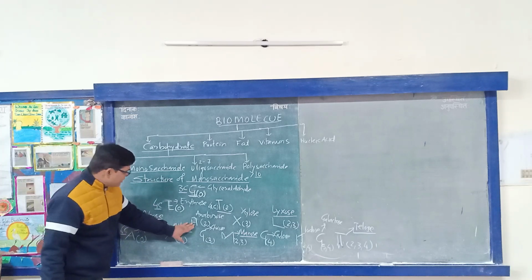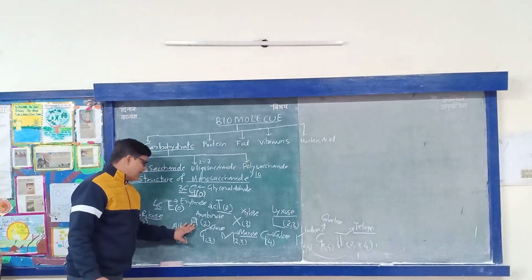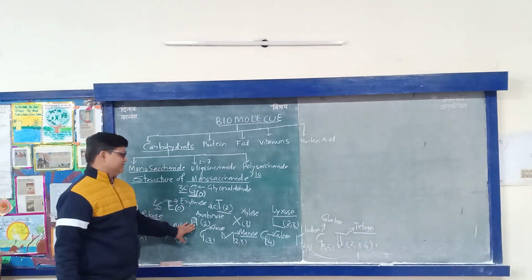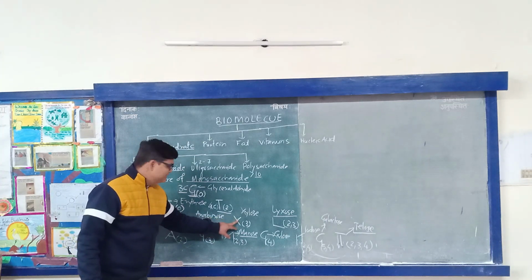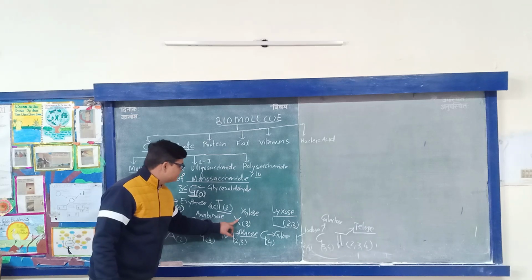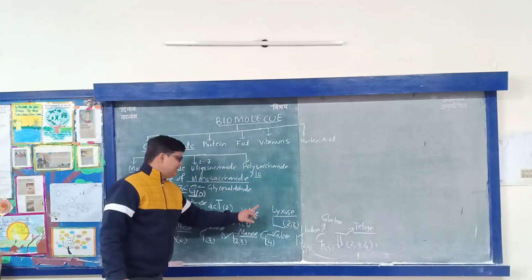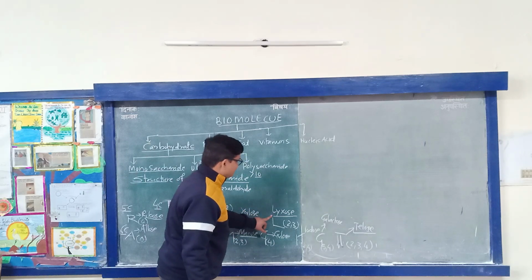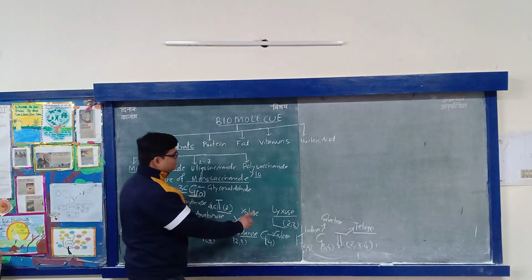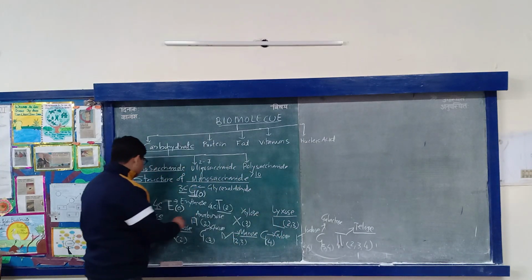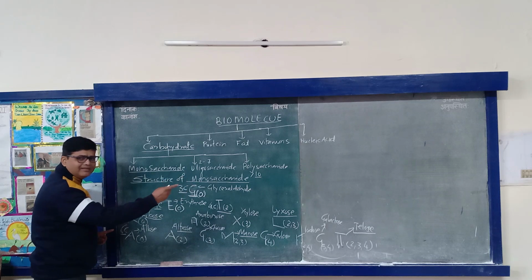In arabinose, at carbon number 2 the hydroxy group is on the left side. In xylose, at carbon number 3 it is on the left side. In lyxose, at carbon number 2 and 3 they are on the left side. So you have to remember RAXL.